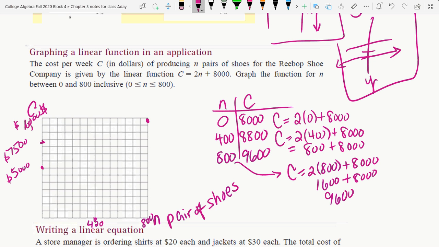So at 0, we're at 8,000, so that'll be about here. And then let's just draw a line between those because that other point would be in the middle of that. So it says inclusive, so therefore we're going to stop at 800. And does the 400 look like it's at about 8,800? Yeah, pretty close.